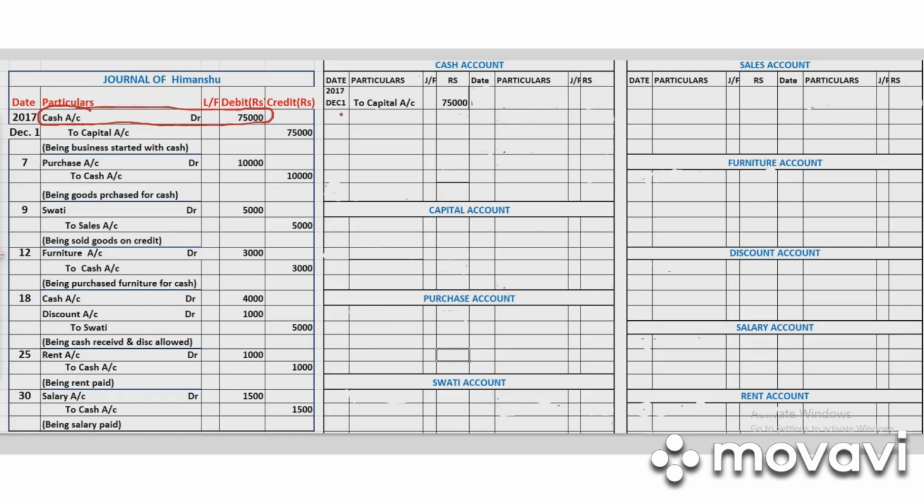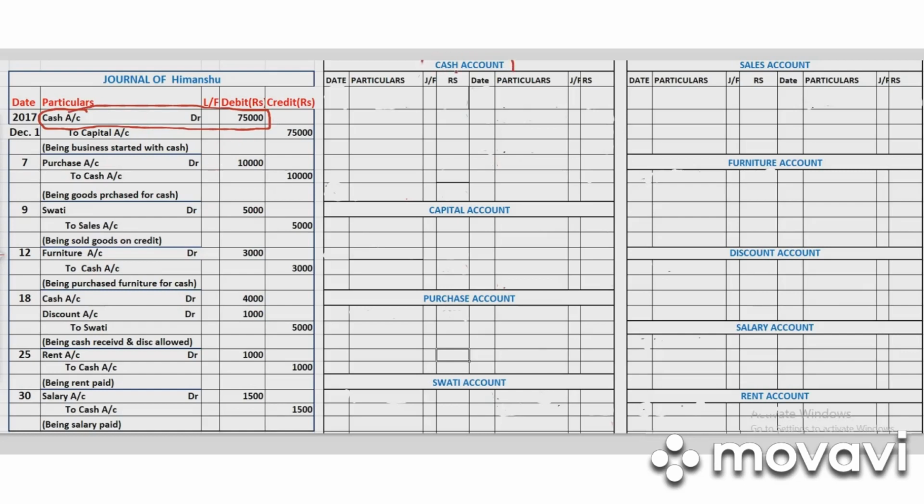Okay, I will just show you how it is written. Look at the first entry, it is cash account. This is cash account. I am circling for your benefit. For you, no need to do this in your copy. Cash account is debited, and where is the cash account?